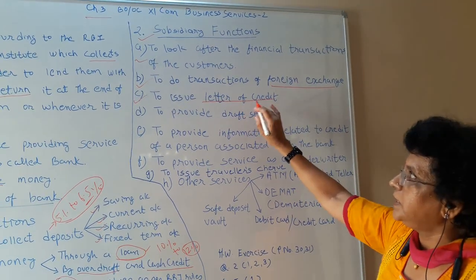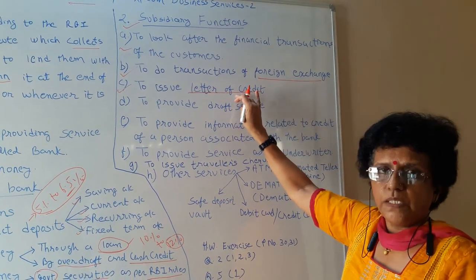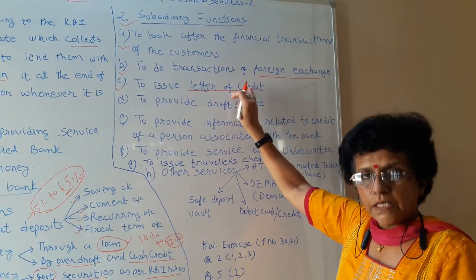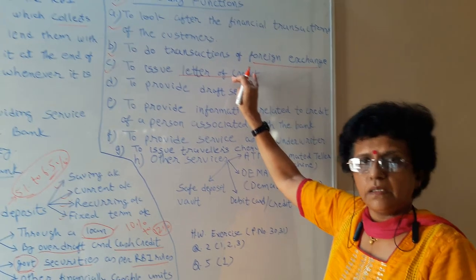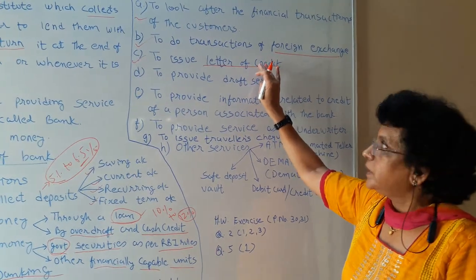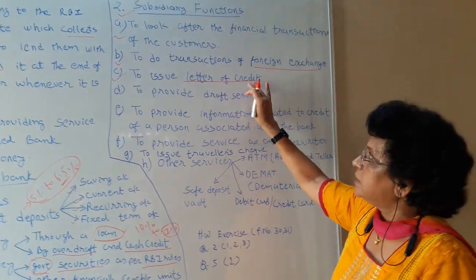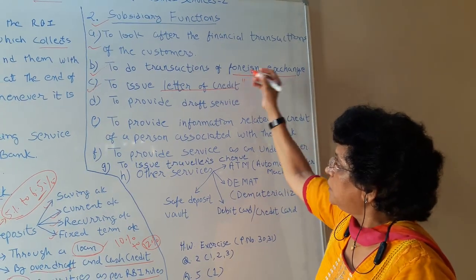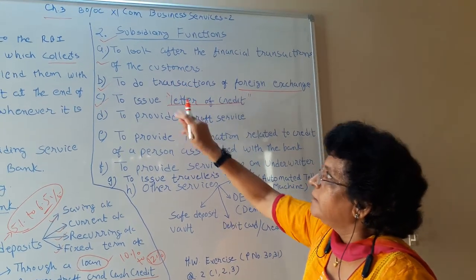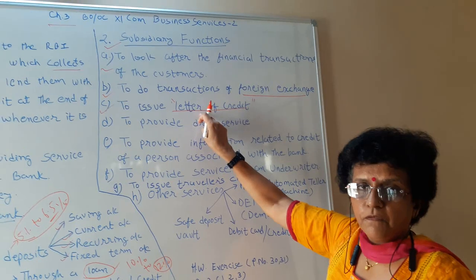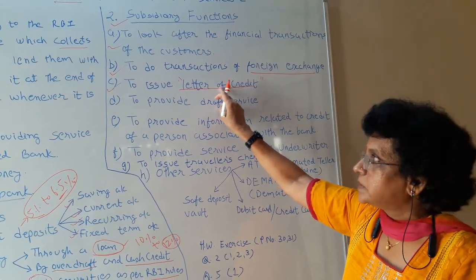Letter of credit means a letter in which the bank manager assures the guarantee for the payment that you are going to make in future. So this letter of credit is one of the important documents for foreign trade. Without this letter, foreign trade transactions won't be possible.